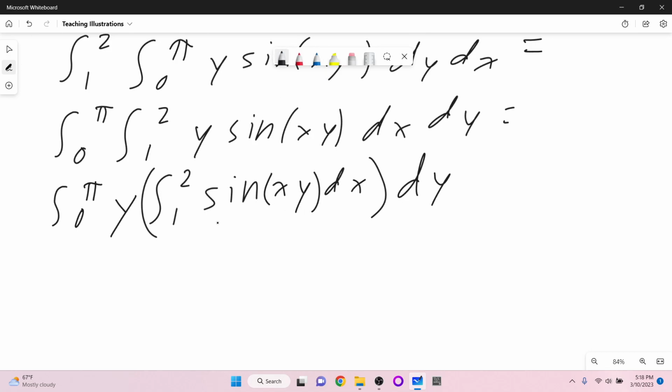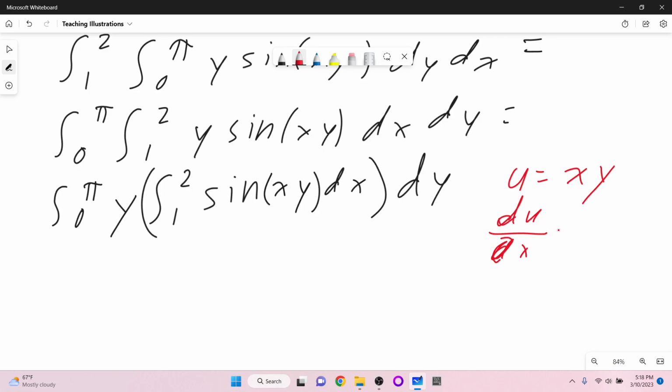Okay, what comes next? This inner part here, how do we integrate that? Well, we can do it as a u sub, although sometimes you don't have to write it out, but we'll write it out this time. If u is xy, then du. Now dx is a variable, so du over dx, or really, I suppose it's del u over del x in this case.